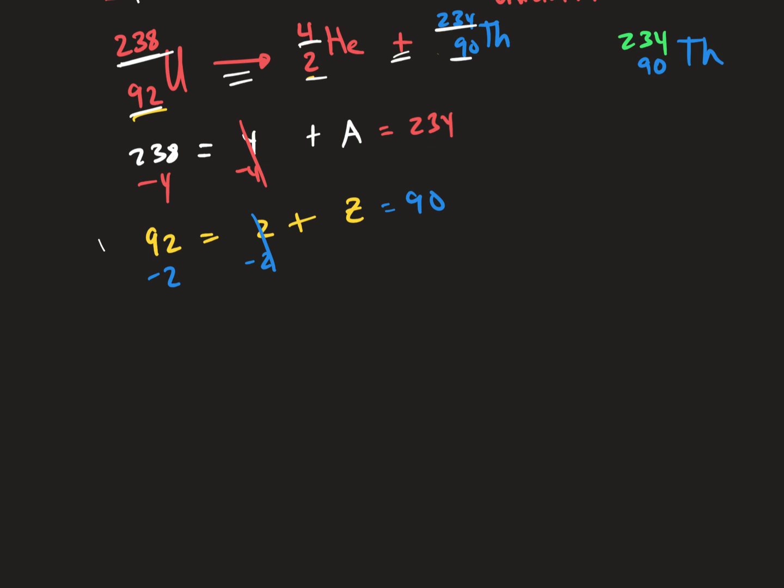All right, so let's do polonium-208. And it undergoes alpha decay or alpha emission. Go ahead and figure out what isotope we're left with.